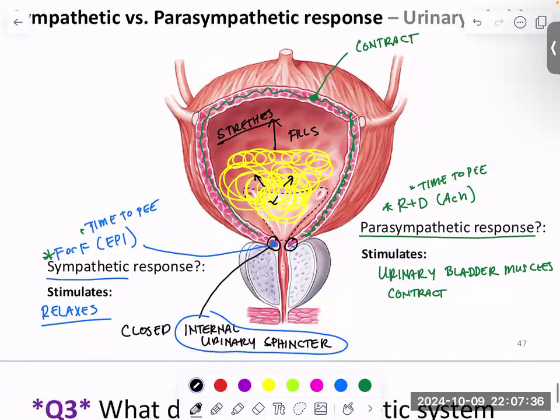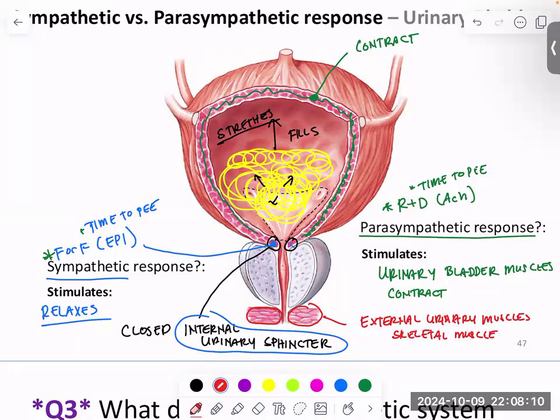Thank God we have one more set of muscles down here. These are your external urinary muscles. These are skeletal muscles. What does that mean? Those are the ones where you're like, oh God, 5 more minutes before I can go to the bathroom.